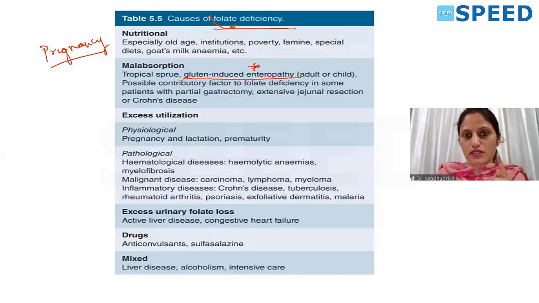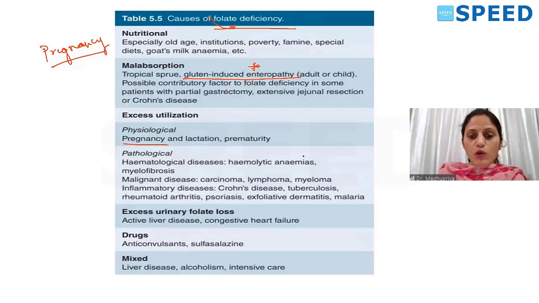In gluten-induced enteropathy, you can get either folate deficiency or iron deficiency anemia. You don't get B12 deficiency in gluten-induced enteropathy. So if it is a macrocytic anemia and they give a history of gluten-induced enteropathy, then you have to think of folate deficiency.